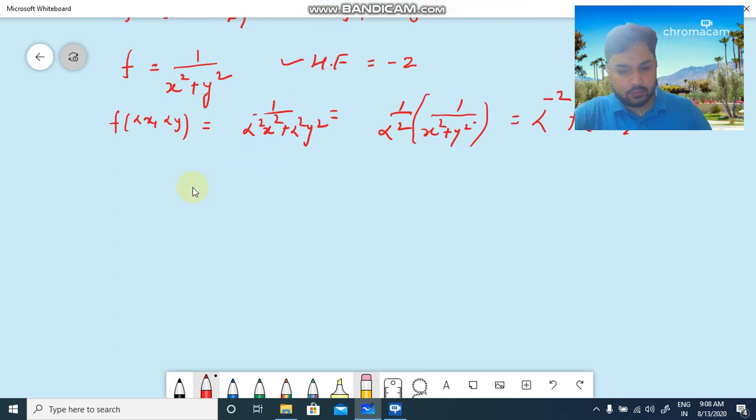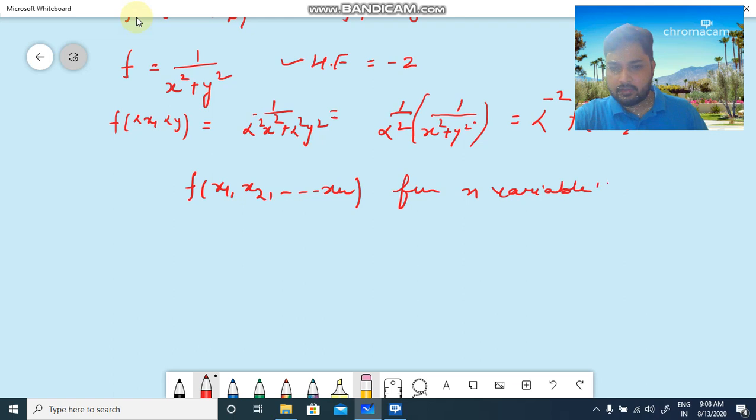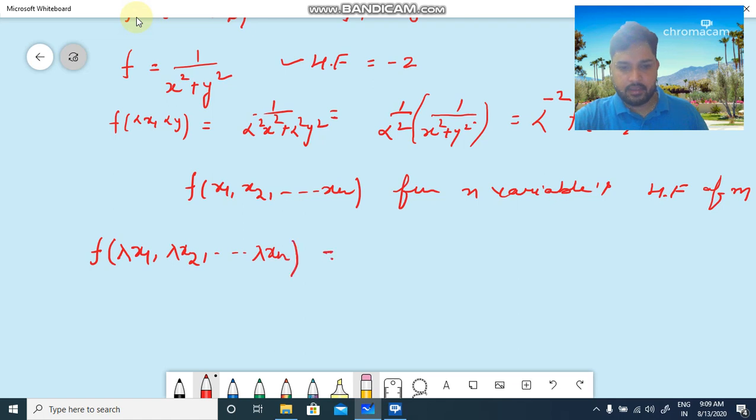Suppose f of x1, x2, up to xn is a function of n variables, and it is called a homogeneous function of degree m if we can rewrite it in the form f(λx1, λx2, up to λxn) equal to λ to the power m times f(x1, x2, up to xn).